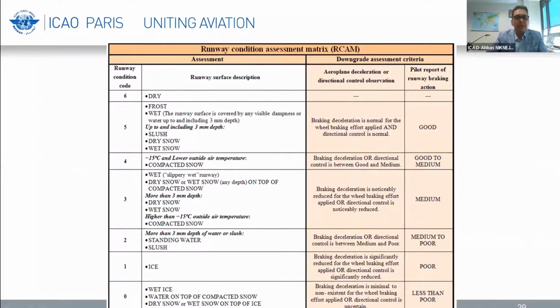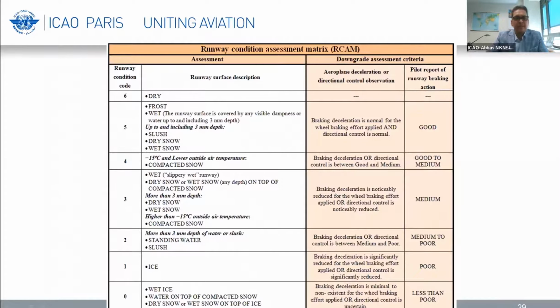Also, in some cases, to the outside temperature, in some cases to the depth of contaminants, and also on the right-hand side, you can see that these were determined based on the friction coefficient, etc.